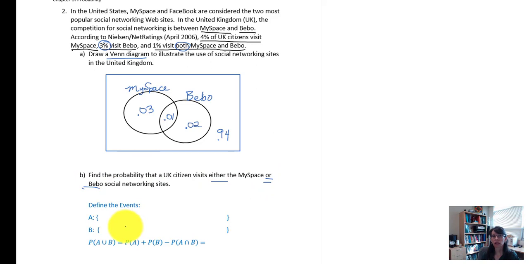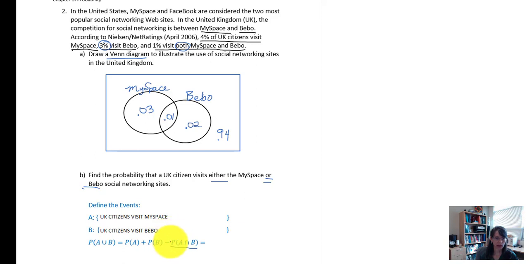One event is UK citizens visit MySpace, and the other event would be UK citizens visit Bebo. Now that the events have been defined, we can find the probability of A in union with B. A in union with B is equal to the probability of A plus the probability of B minus the intersection of A and B. And notice we do have a 1% intersection.